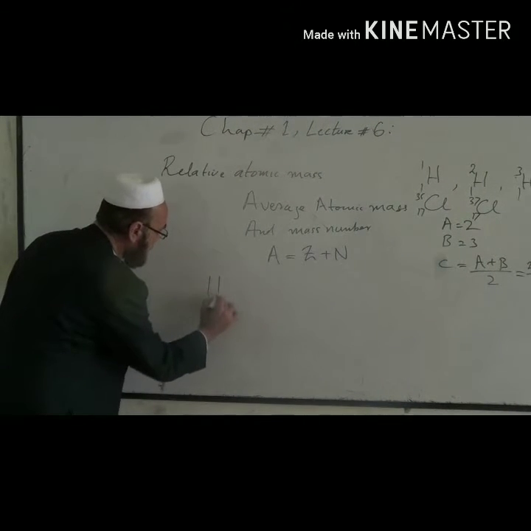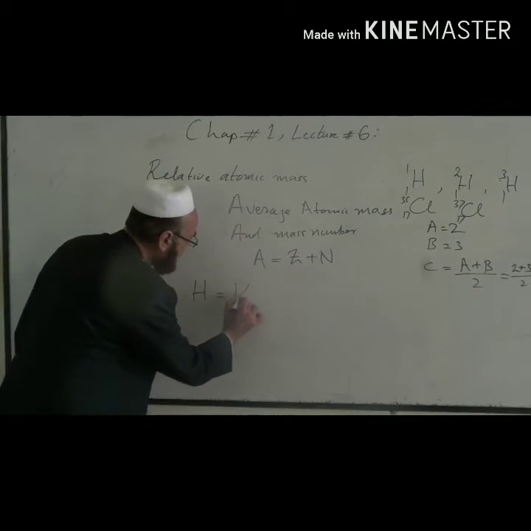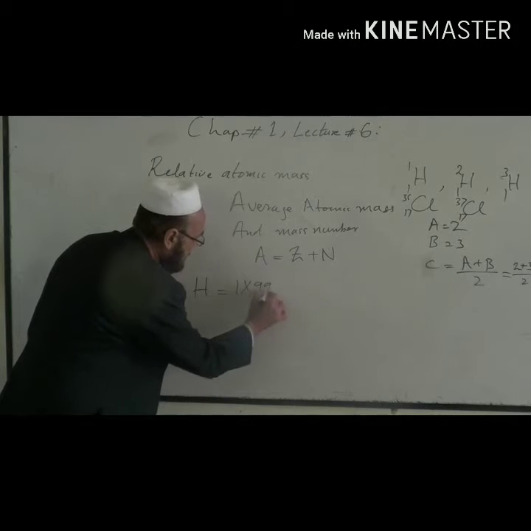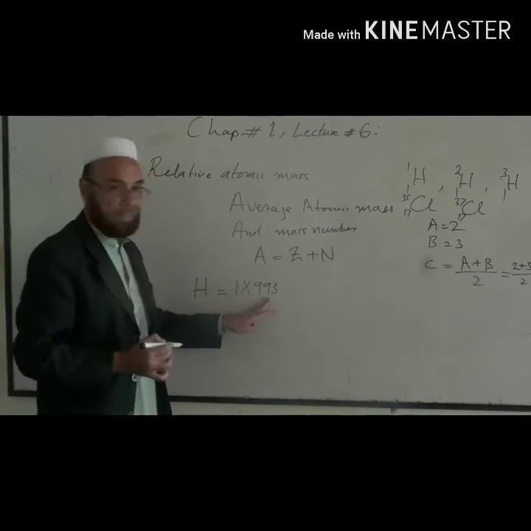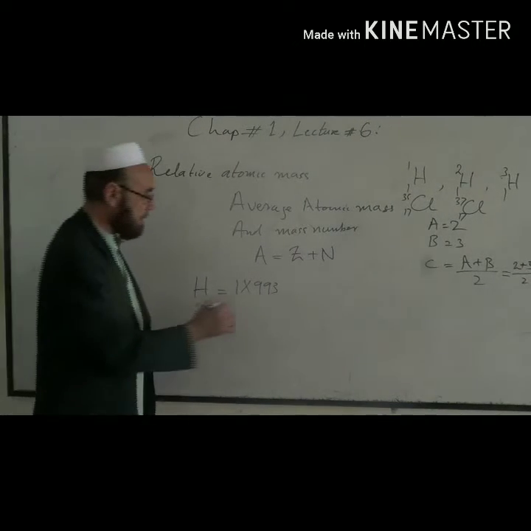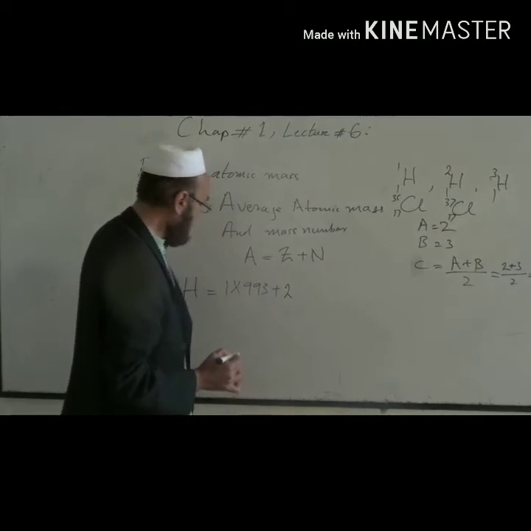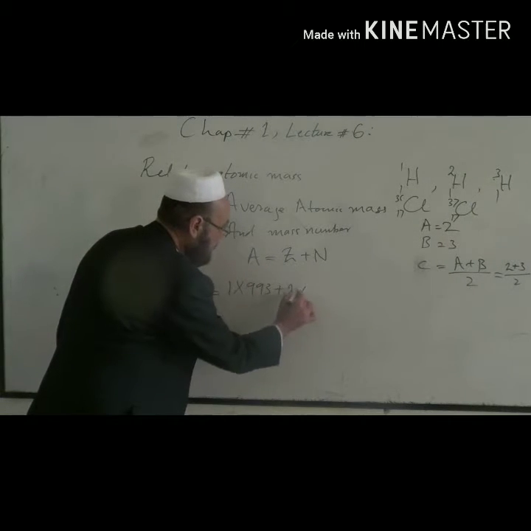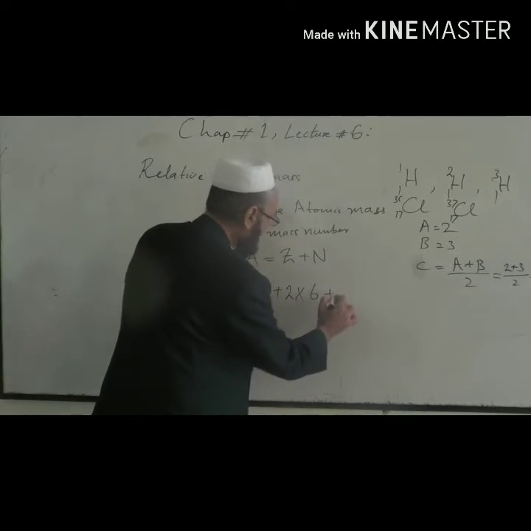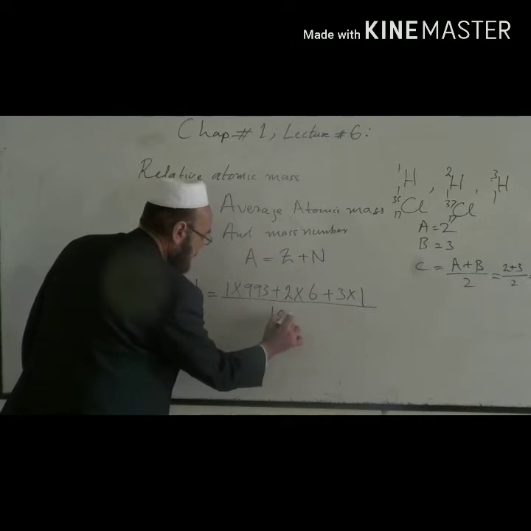Here the average atomic mass for hydrogen can be calculated as atomic mass 1 into its percentage, which is 993 out of 1000, plus deuterium, which is present to the extent of 2 into 6 out of 1000, plus 3 into 1 divided by 1000.